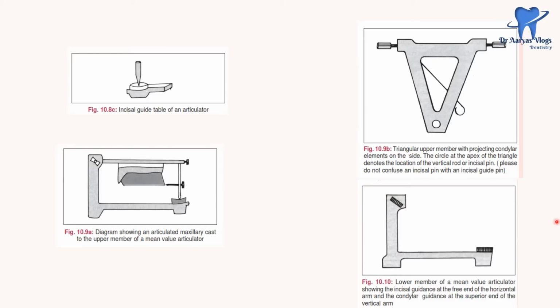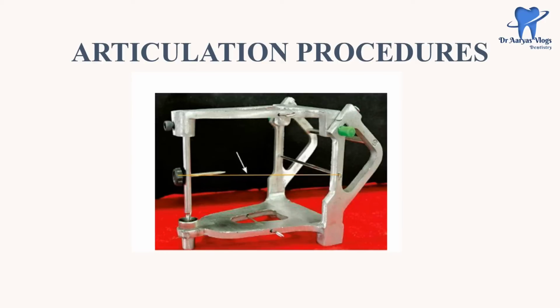And this is the L-shaped lower member. It carries the incisal element at the free end of the horizontal arm and the condylar element at the superior end of the vertical arm. And that is about the various parts of a non-adjustable articulator.